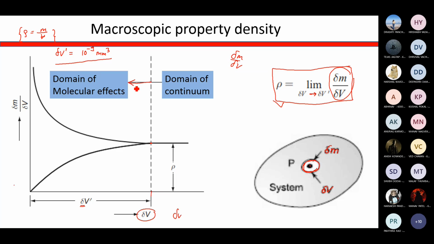It means you have to take into account what is happening at the molecular level if your selected volume falls in this region. So if your selected volume is less than this limiting volume delta v dash, then you have to take the molecular effects into account. Is it clear?